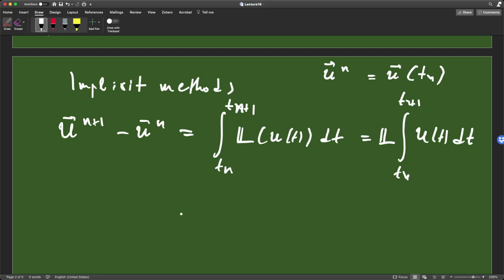And then if we use the trapezoidal rule, this will be L times delta t, so that's the height of the trapezoid, times the small base plus the big base of the trapezoid divided by 2.